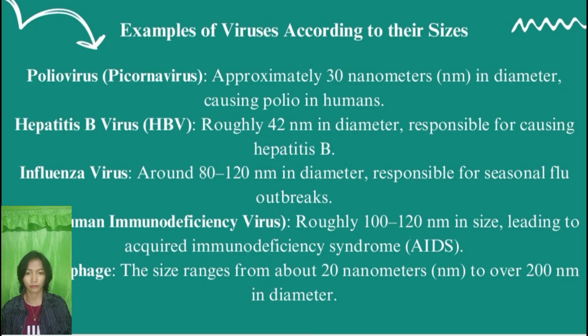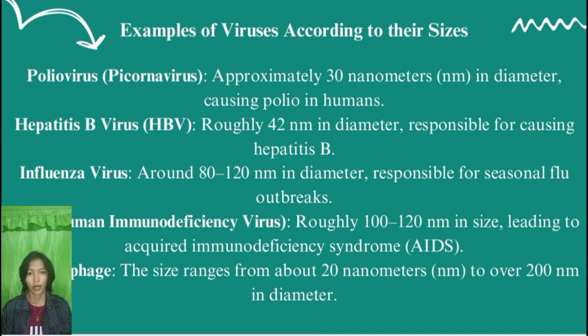Some examples of viruses according to their sizes are: first, the poliovirus that measures approximately 30 nanometers in diameter, causing polio in humans. The hepatitis B virus, roughly 42 nanometers in diameter, responsible for causing hepatitis B. The influenza virus, which is around 80 to 100 nanometers in diameter, responsible for seasonal flu outbreaks.